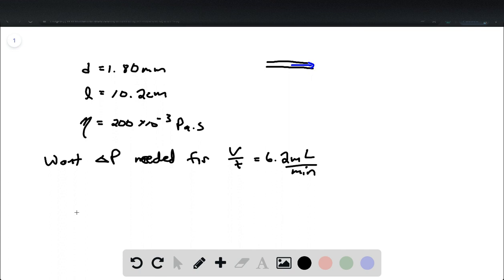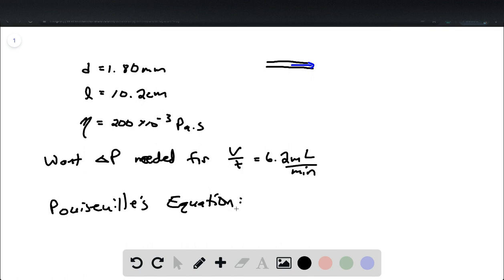So the way to answer this question is to use Poiseuille's equation. This is an equation for volume per time, this fluid flow rate, in terms of the viscosity.